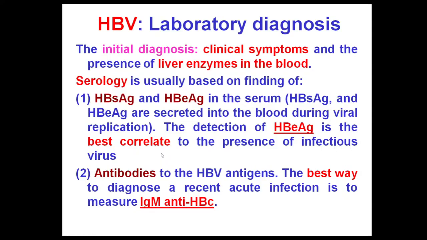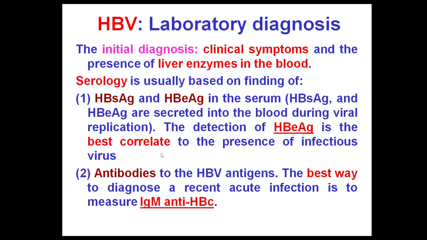The antigens themselves and antibodies against these antigens can be used as serological markers, but not all hepatitis B antigens have the same diagnostic value. For example, hepatitis B E antigen is very important because it is a secreted antigen, and it will usually be secreted in large amount into the bloodstream during the virus replication.